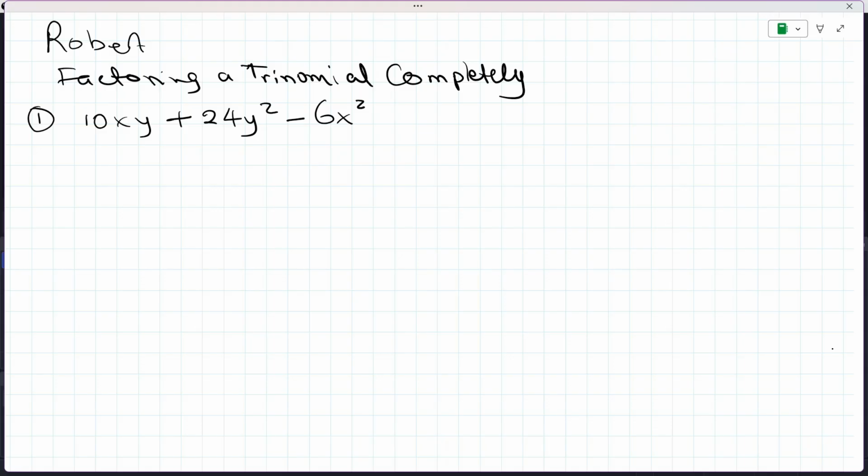When you are given such a trinomial and you're supposed to factor it completely, first of all, look at the coefficients of our terms and see what's common in between. Now, 10 can be 2 times 5, 24 can be 2 times 12, and 6 can be 3 times 2. So you find that 2 is a common factor.